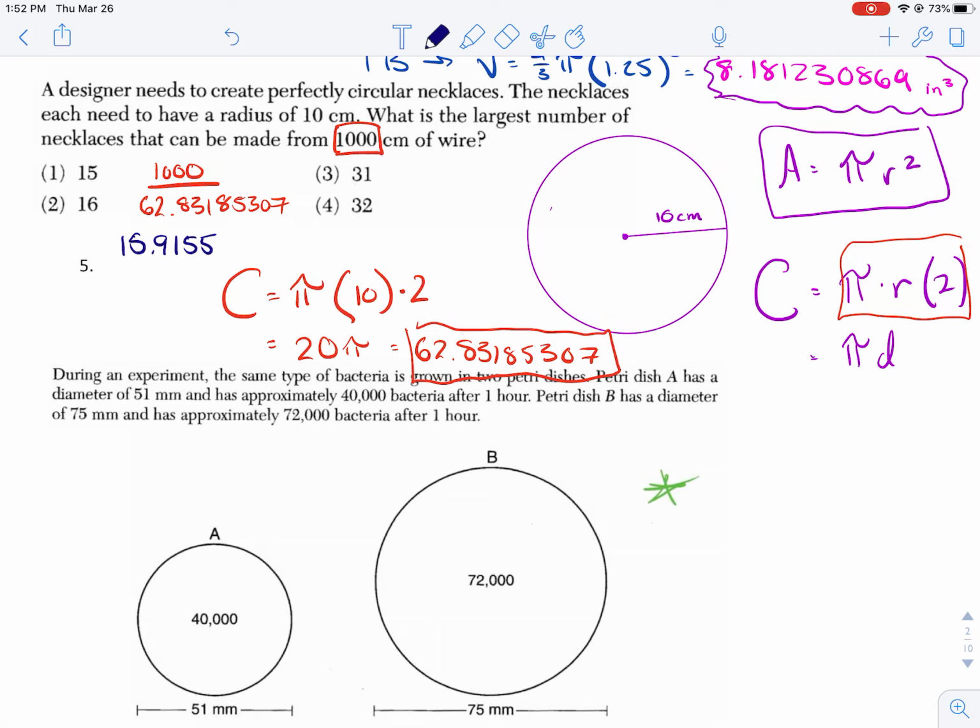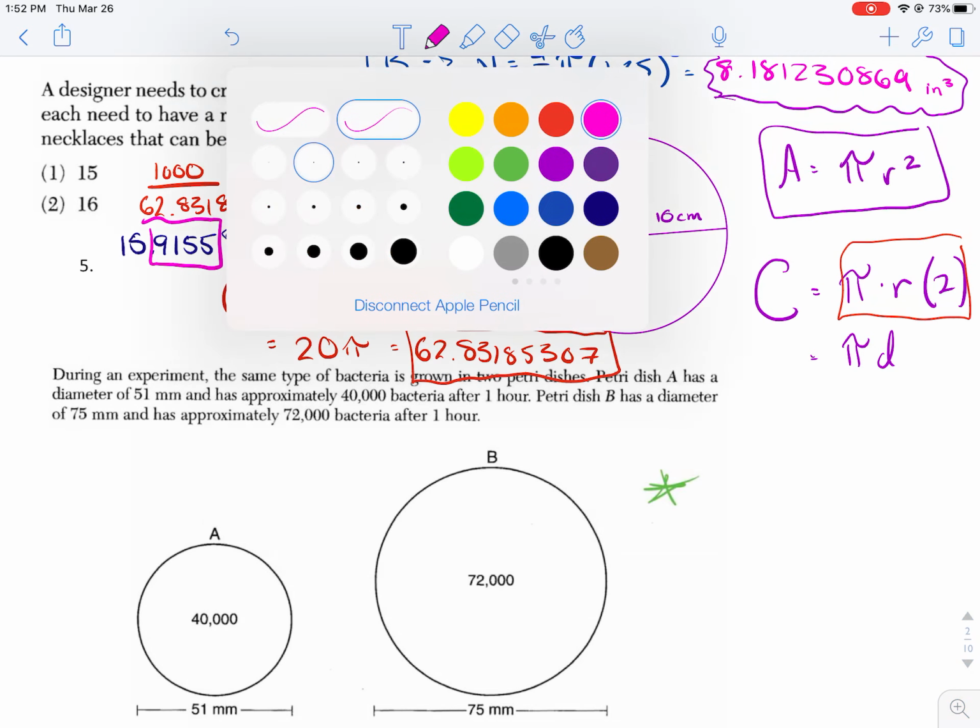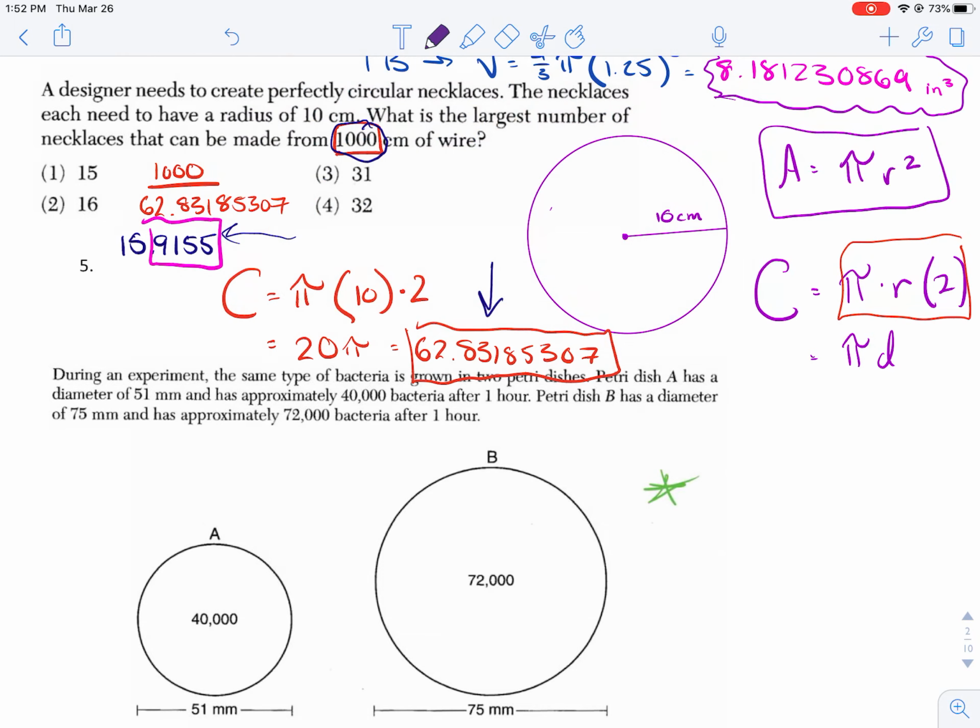Okay, so what that is saying is, when our necklaces need to be this long, in order to use up this much wire, we can make up to about this many necklaces. But we can't make 0.9155 of a necklace, right? That doesn't make sense, so we have to round, and we want to round down because we didn't quite make it to 16. So 16 is out, and 15 is our answer. Okay?